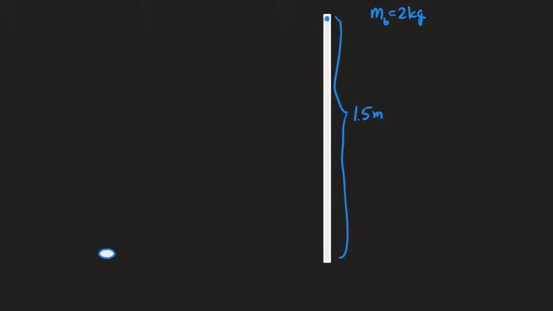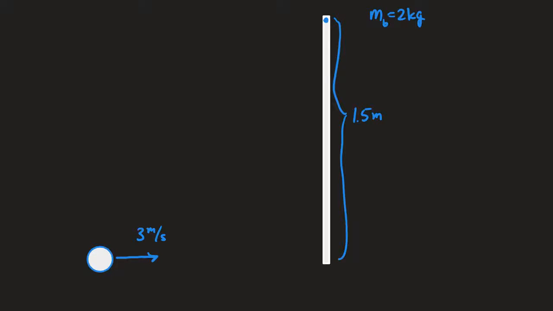A piece of clay, which is tacky enough to stick to the bar, is fired at a velocity of 3 meters per second towards the end of the bar. Again, we are looking top down on a frictionless surface.